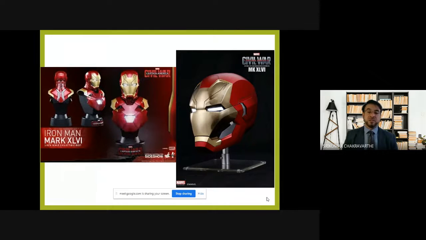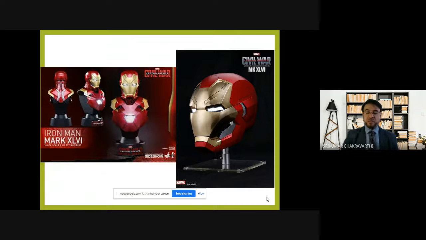This is the latest Mark 46 and Mark 50 Iron Man helmets, and the latest Iron Man helmets have come out in the Civil War. If you do a little bit of googling, you'll find that it has 3 layers. The 3 layers prevent the head from being injured because the head has a nice shock absorptive protective capacity.